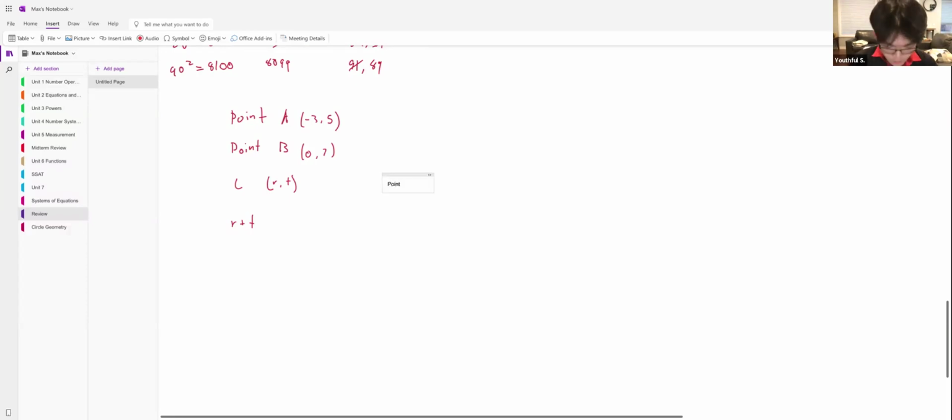Points A, B, and C lie along a line if BC is equal to 4AB and R is greater than 0. What is the value of R plus T?